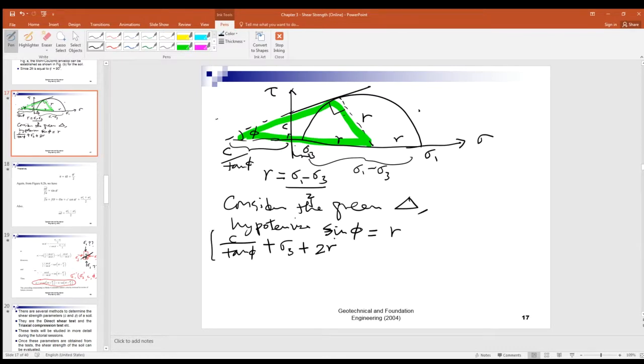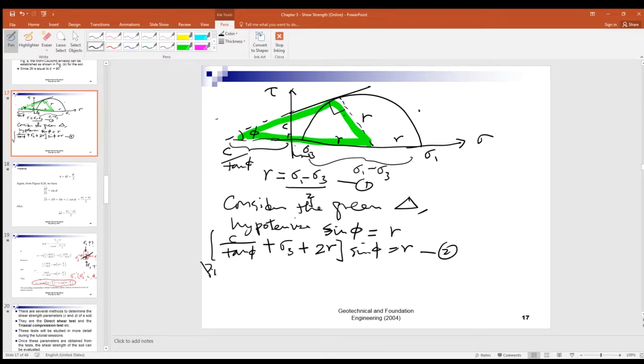So that is the hypotenuse. Sine phi equals R over the hypotenuse. Okay. So you got this equation 1 and equation 2.